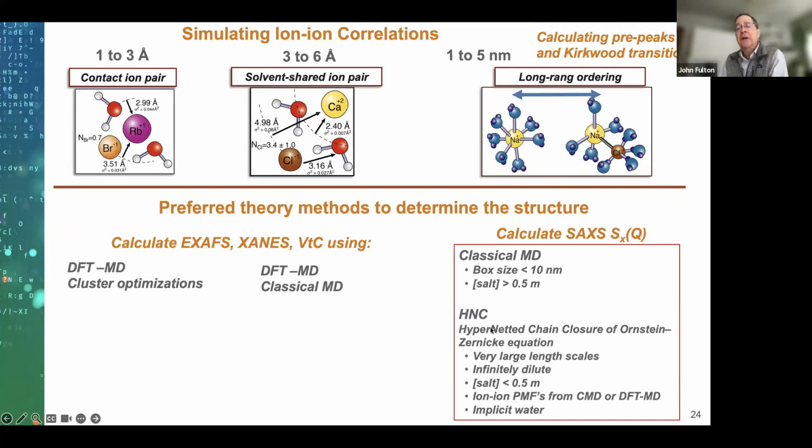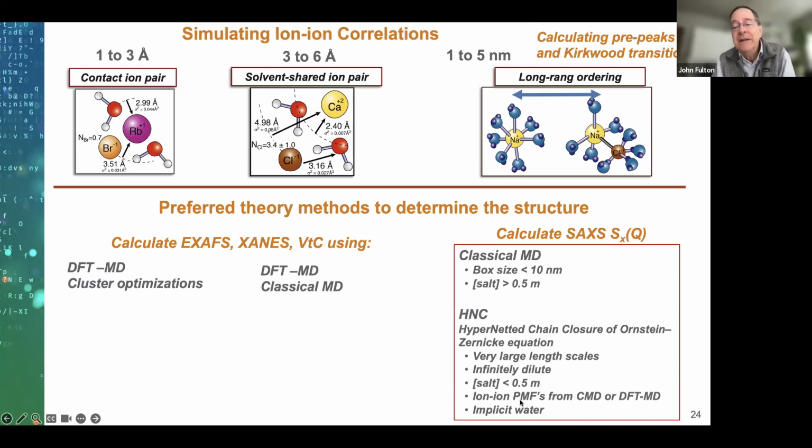But the thing that's really come to the rescue here for simulating these is integral equation theory for the pair distribution functions, the equation known as the Ornstein-Zernike equation, with a variation of the closure known as hypernetted chain. This allows you to simulate very large length scales. You can look at infinitely dilute solutions, and it seems to be useful at concentrations below 0.5 molal.